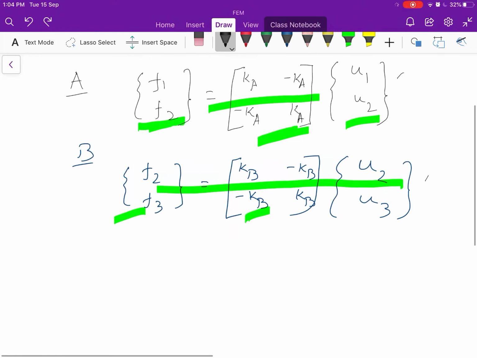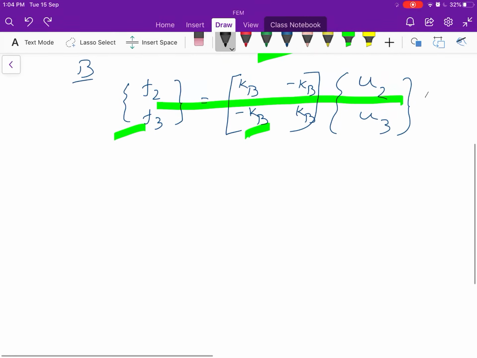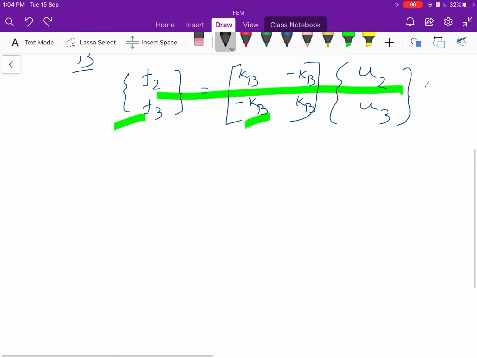So first let's find out the stiffness matrix at a global level. For that, let's just rewrite the elementary matrix, the stiffness matrix at an elementary level.